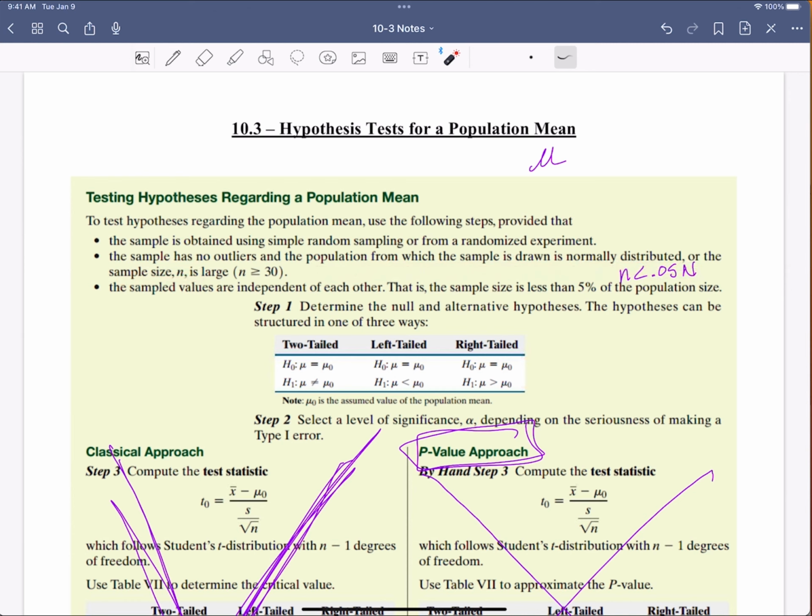So because of that, we have to make sure that there are no outliers and that this is normally distributed. Also, we have to make sure that the sample size is less than 5% of the population. So we're pretty confident about this part, right? 11 candy bars is definitely less than 5% of all of the Snickers fun size bars that this plant is producing. So we're good there.